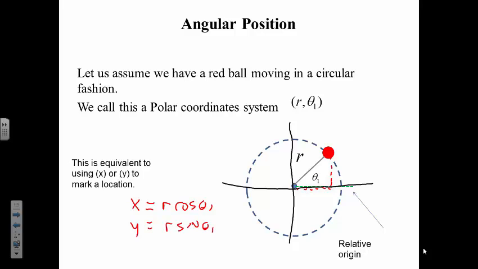And so you can convert between X and Y and R and theta using this polar coordinate system. But when you're rotating, it's much simpler to describe everything in terms of R and theta.